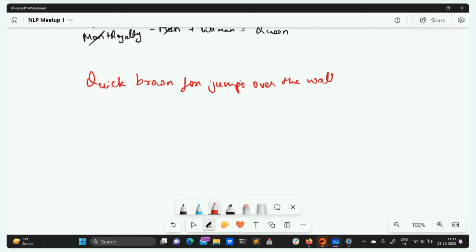Okay. Now I have this text. What I want to do is, if I remove these words from here and replace them with blanks, can a computer solve them? This is called the next word prediction task.